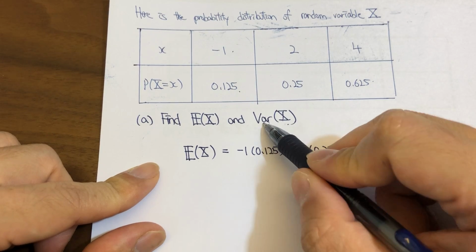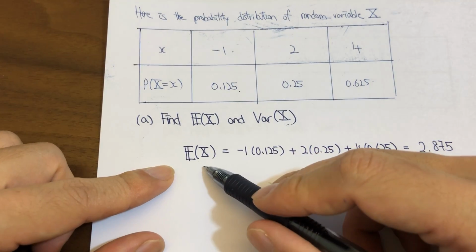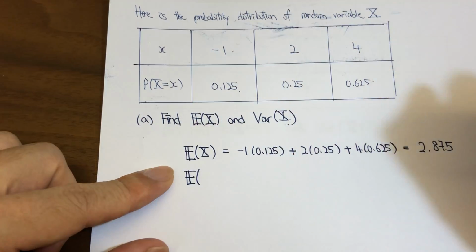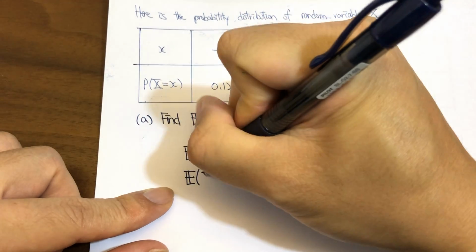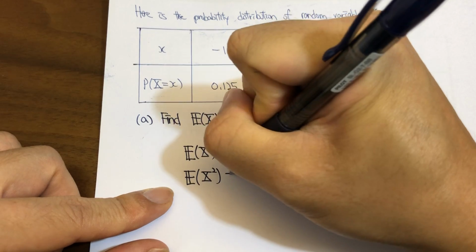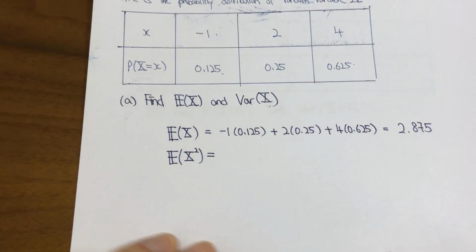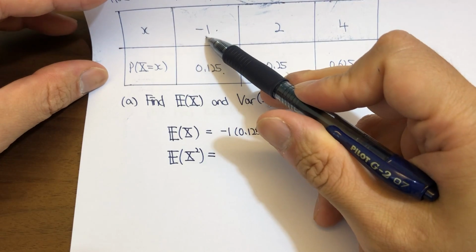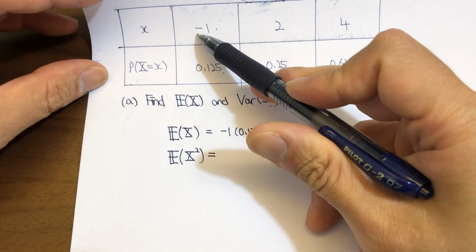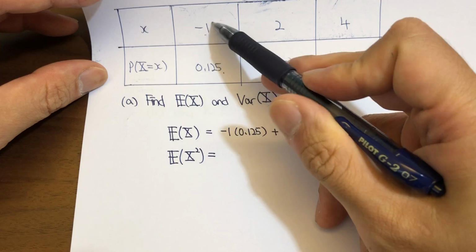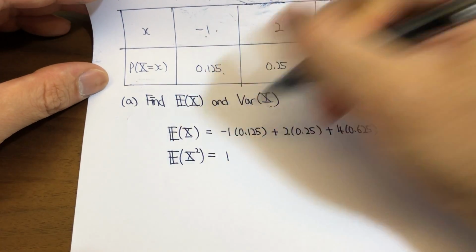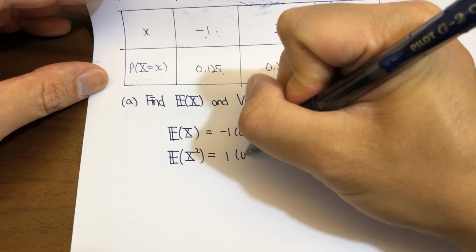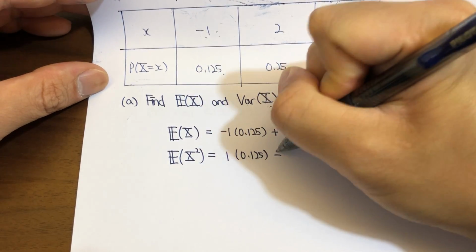Before we try to find the variance, there is a thing that we have to find first, which is the expected value of x squared. So the value of x is -1. Then what about x squared? X squared means -1 squared, so it becomes 1, and then times the corresponding probability, 0.125.